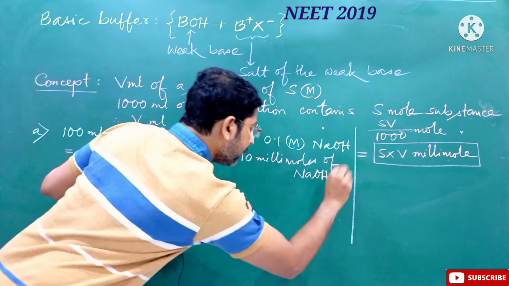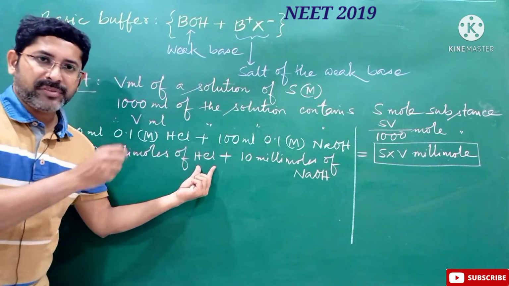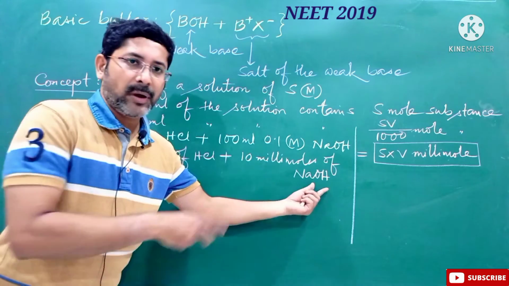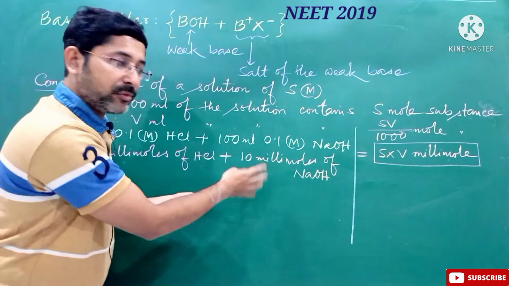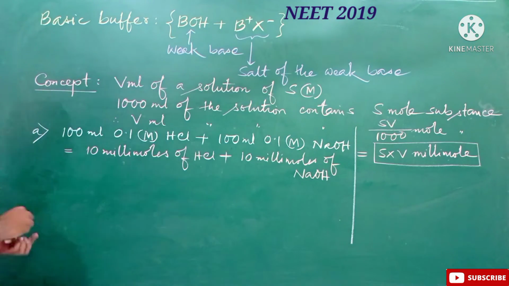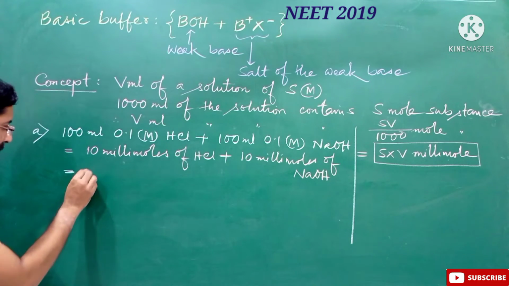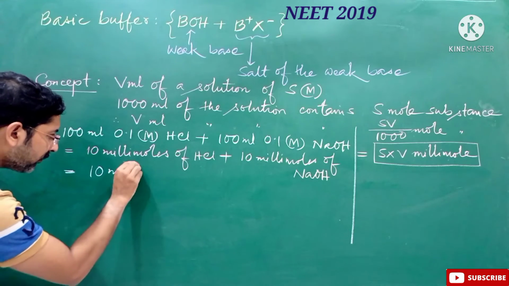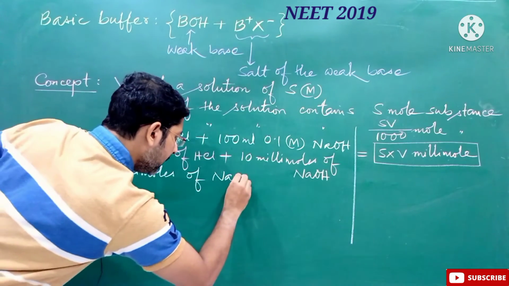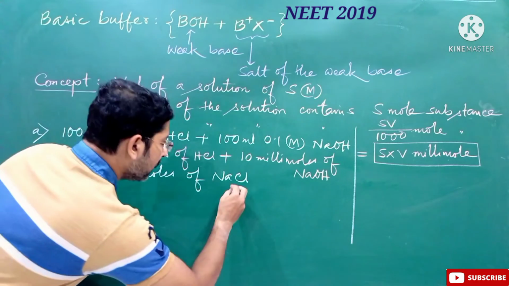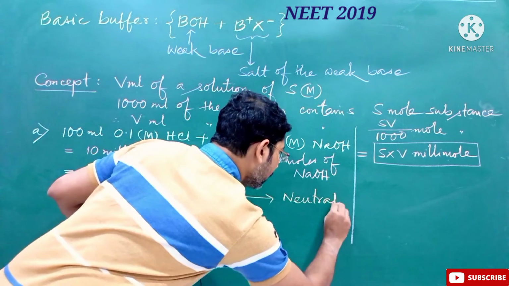And of course HCl is a monobasic acid and sodium hydroxide is a monoacidic base. So equivalent amount of HCl will react with equivalent amount of sodium hydroxide to form the neutral solution. These two react together to form 10 millimoles of NaCl and of course water. So the solution will be neutral, right? So of course this is not the answer of the question.